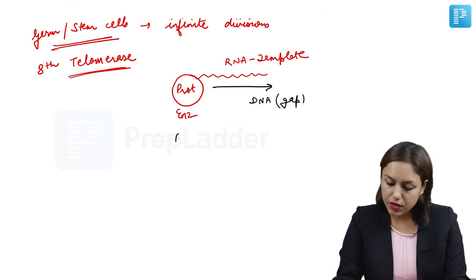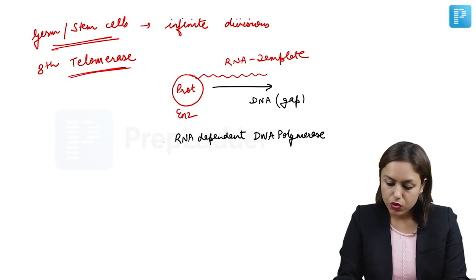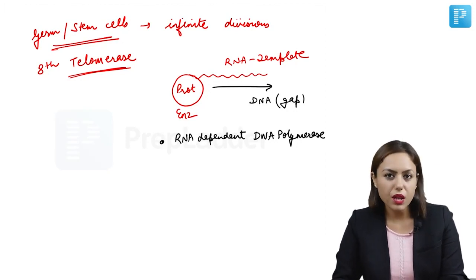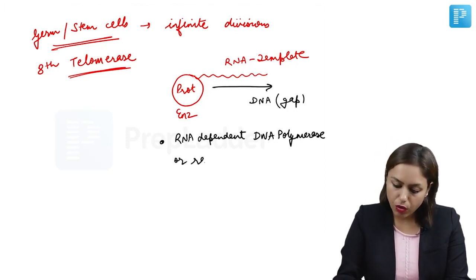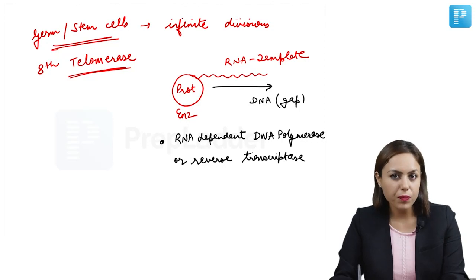So this enzyme uses RNA as template, so it is RNA dependent, and this enzyme makes DNA on it, so it is DNA polymerase. So it is RNA dependent DNA polymerase, also called reverse transcriptase, right?